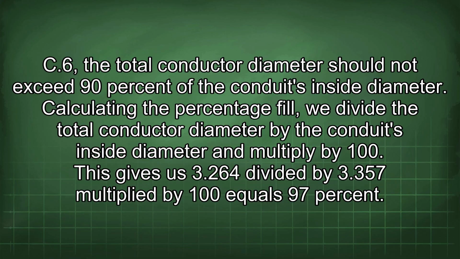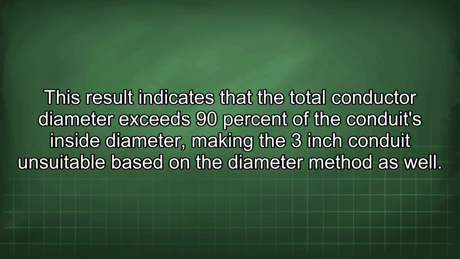Calculating the percentage fill, we divide the total conductor diameter by the conduit's inside diameter and multiply by 100. This gives us 3.264 divided by 3.357 multiplied by 100 equals 97%. This result indicates that the total conductor diameter exceeds 90% of the conduit's inside diameter, making the 3-inch conduit unsuitable based on the diameter method as well.